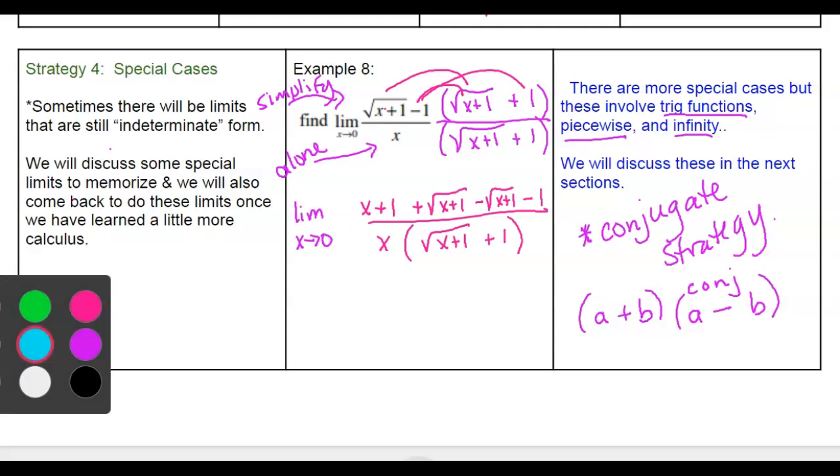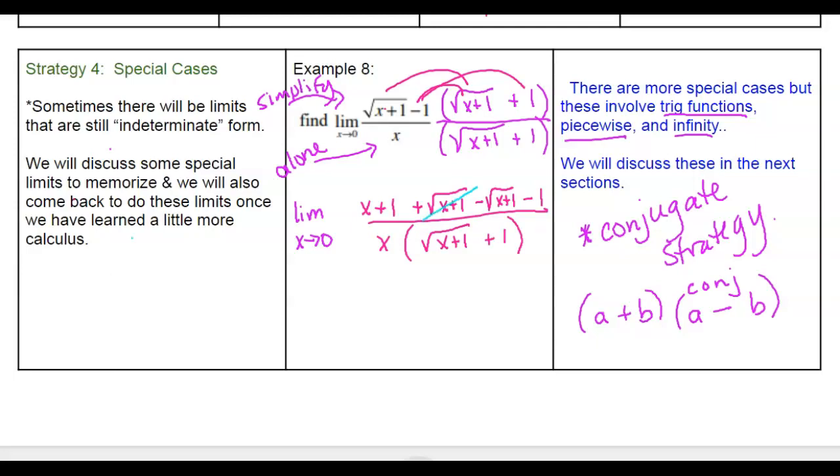Okay? So what happens is these cancel, and I'm just left with an x on top. So this x, because that's being multiplied, will reduce with that. So really, we have the limit as x approaches 0 of, there's nothing on top, so I do need a placeholder, and it's all over this.